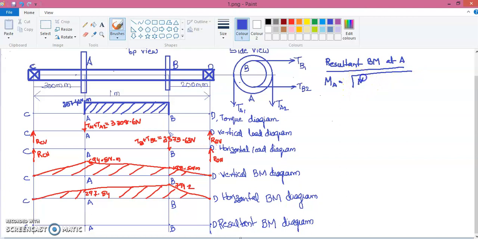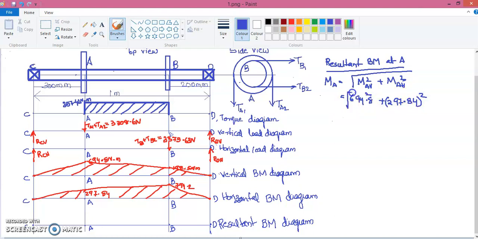Square root of MAV square plus MAH square. And I can substitute the value, that is 694.8 square plus 297.84 the whole square.